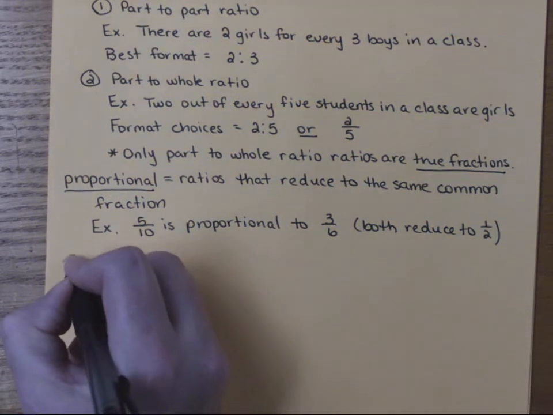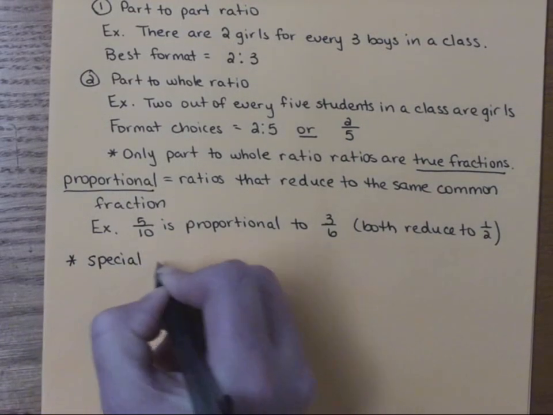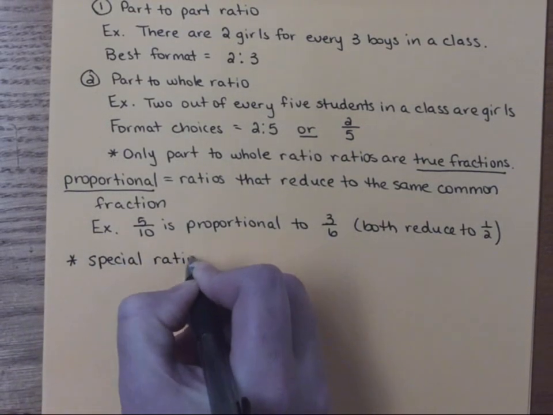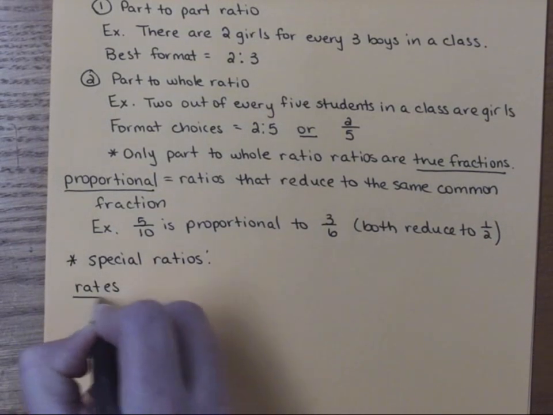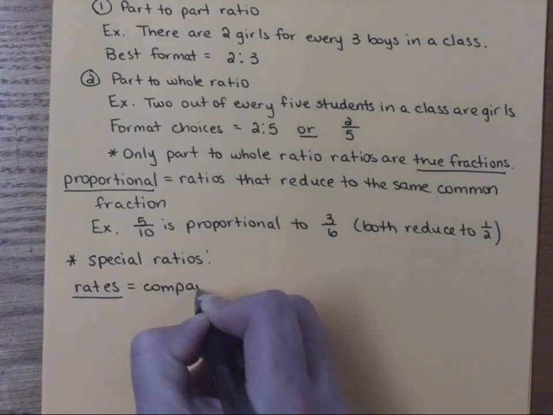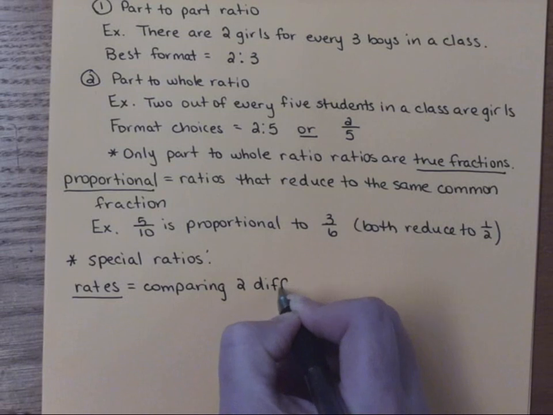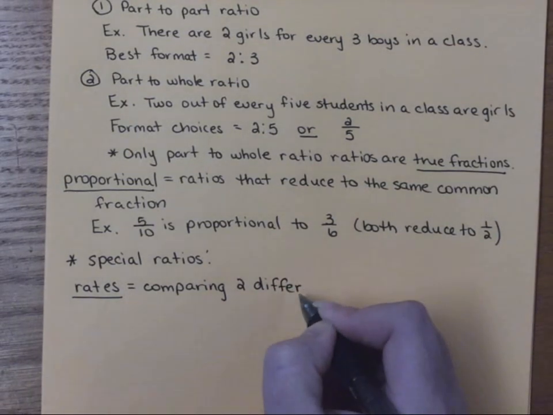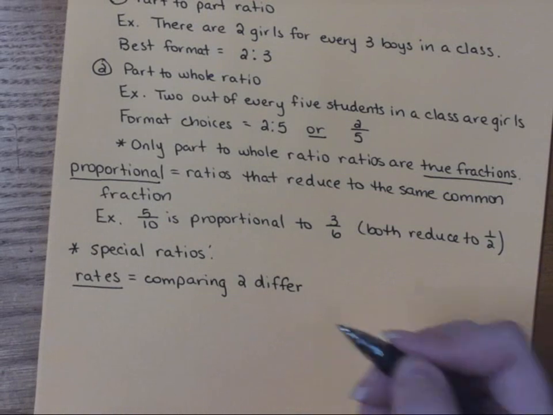Okay, so we have some special ratios. There's a special ratio called a rate, and this is where you compare 2 different measurement types. We had some on that sheet where I asked you to tell me whether it was a ratio, a fraction, or both.